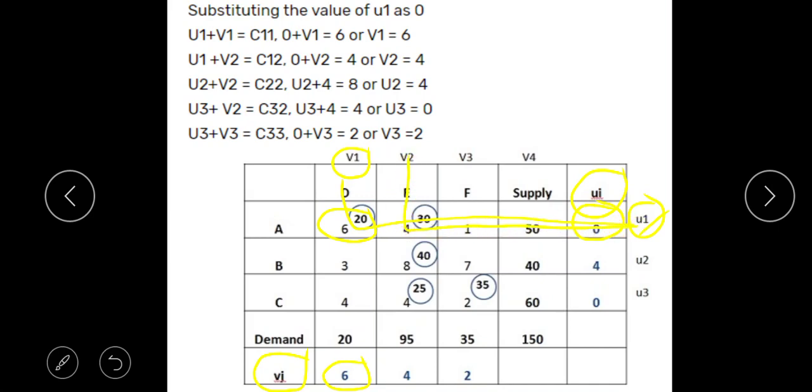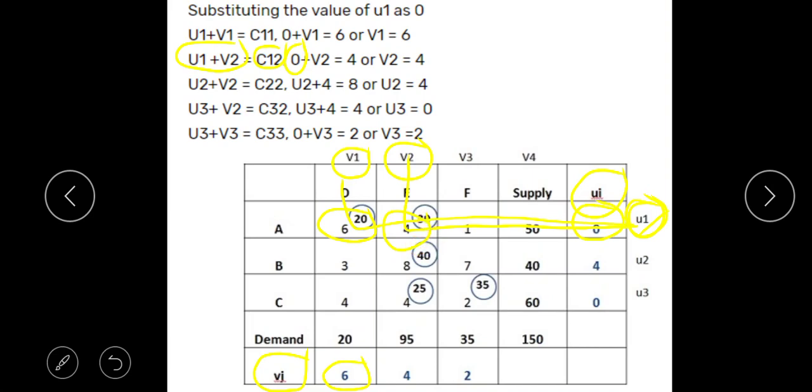C12. This is the next occupied cell, and for this we have to calculate the values of U and V. What is the formula? U1 plus V2. The U1 value we already know is 0, the V2 value we don't know, so we take the cost which is available here.